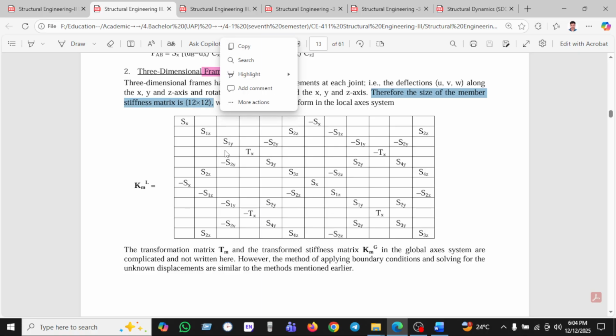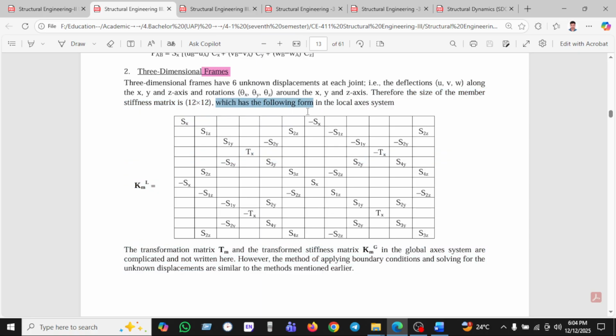This will be huge, 12 by 12, which follows in the local axis. You can see the terms like sx, minus sx, Iz, Iy, and torsion, where s means the stiffness. In this way we can find this 12 by 12 matrix.